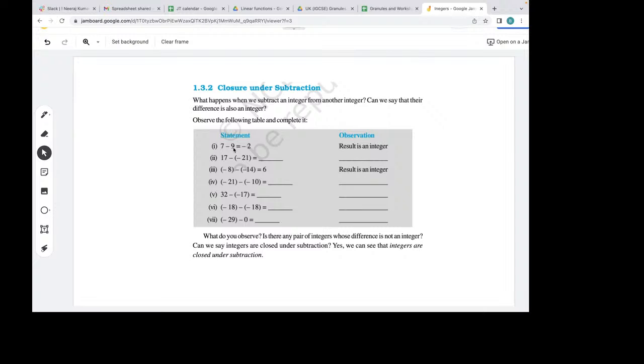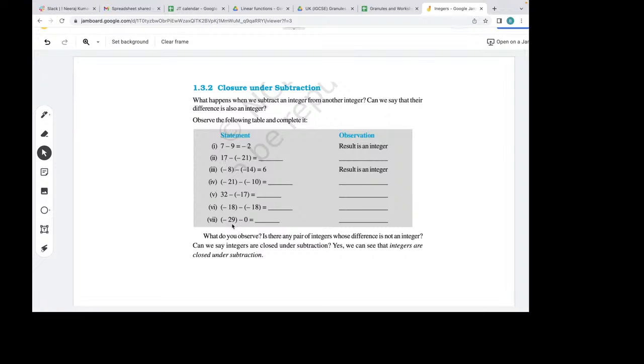We subtract 9 from 7, we get minus 2, and minus 2 is an integer. If you subtract negative 21 from 17, you will get 38, and 38 again is an integer.